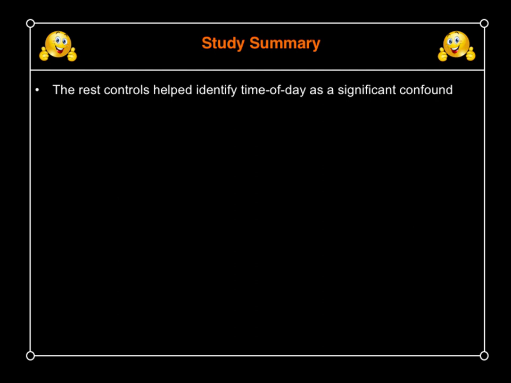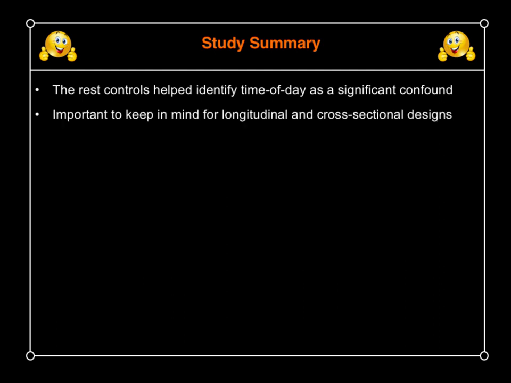What I wanted to point out was that the rest controls in this case helped identify time of day as a significant confound. I think it's really important to keep in mind for longitudinal and cross-sectional designs.